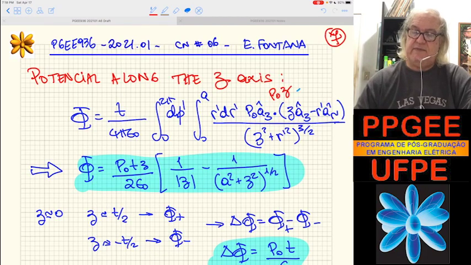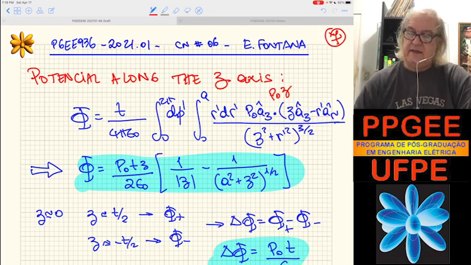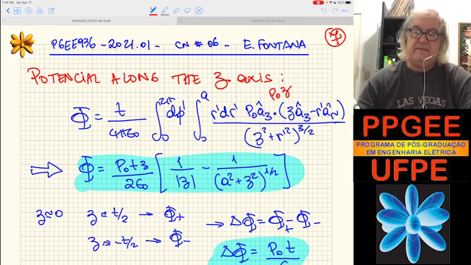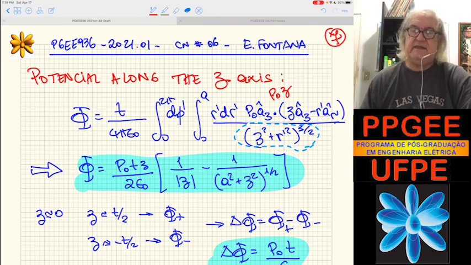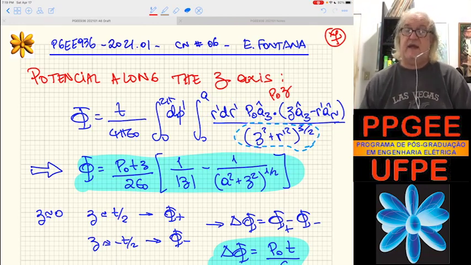So I can remove this P0z from the integral, so it goes out here, P0 and z. This dot product cancels with that one, right? So we essentially have P0z is out, so we have an integral of r prime dr prime divided by (z squared plus r prime squared) to the 3/2.